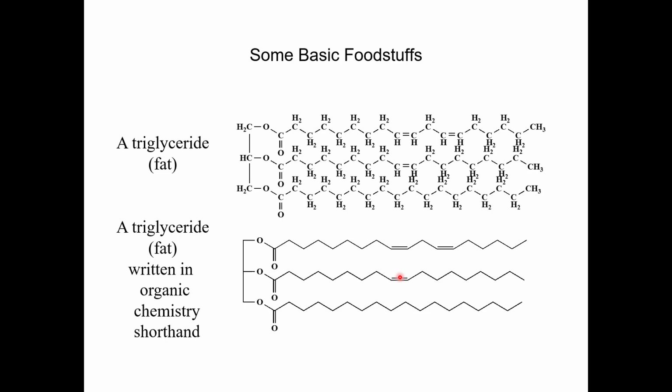Okay, and so you've probably heard that some are better for your heart than others. Now, one thing that we sometimes talk about is the presence of a cis or a trans double bond, and that's when you get trans fatty acids. I'm not going to talk about that this time.